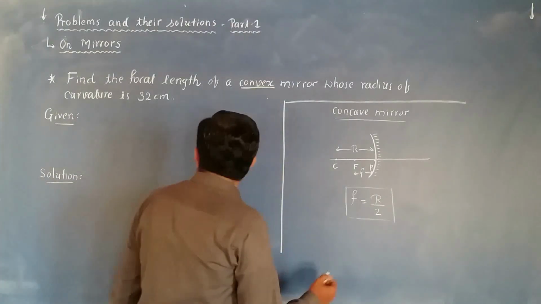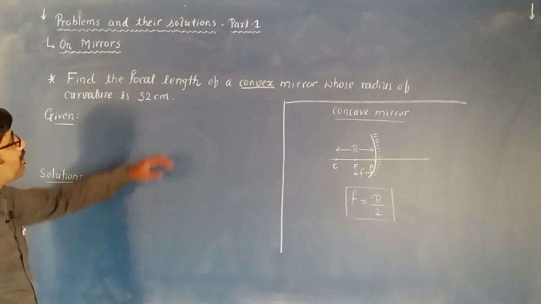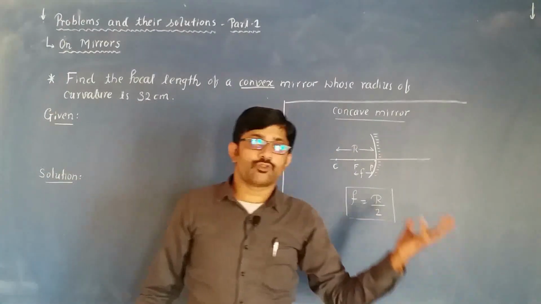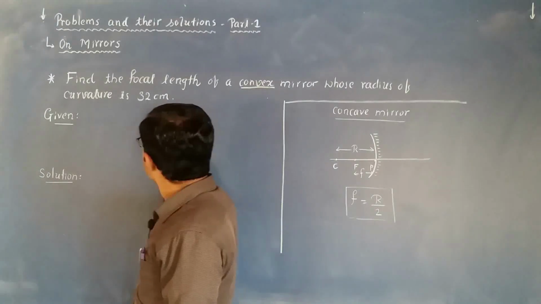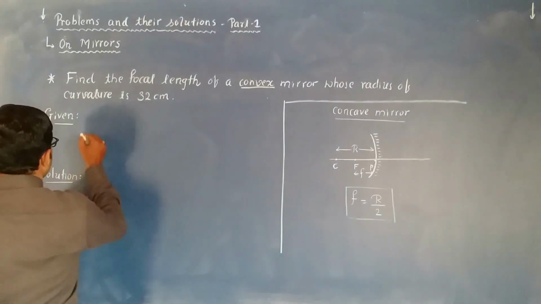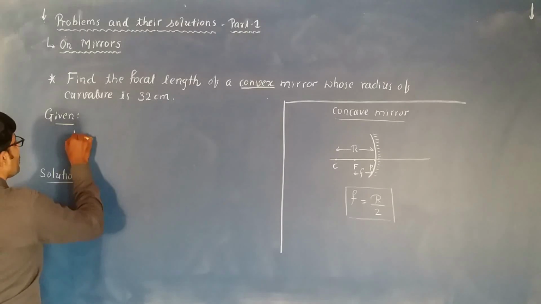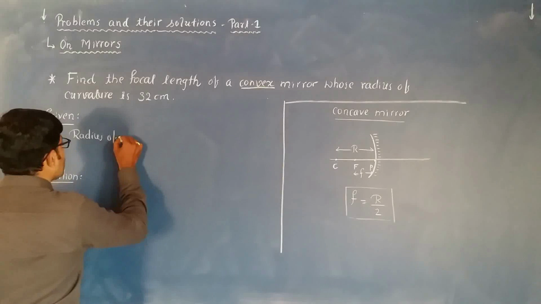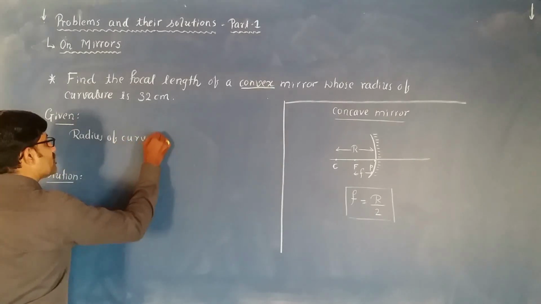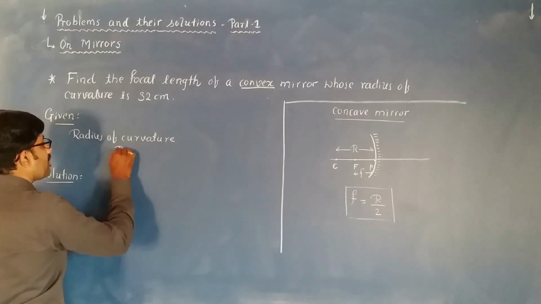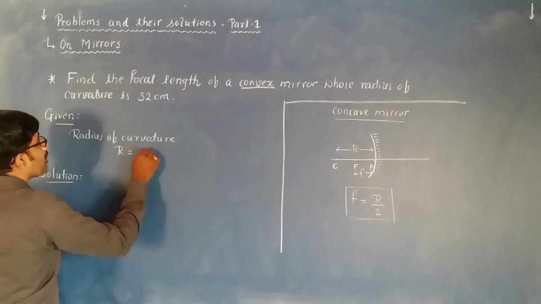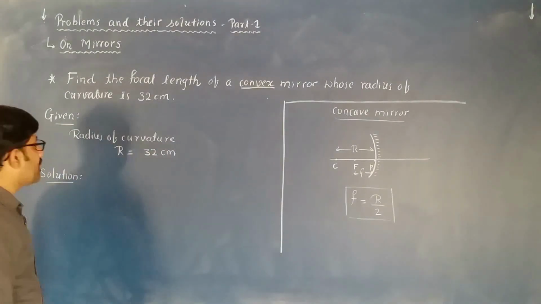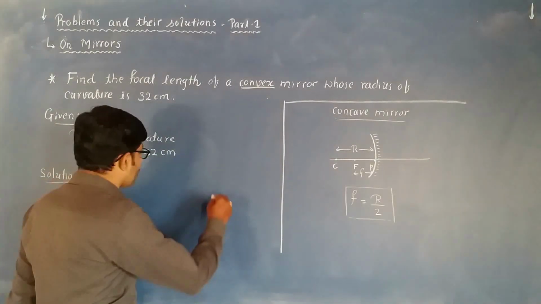Okay. So here in the problem, we are going to find the focal length of a convex mirror whose radius of curvature is 32 centimeter. Given the radius of curvature R = 32 centimeter, and keep the sign conventions in mind.